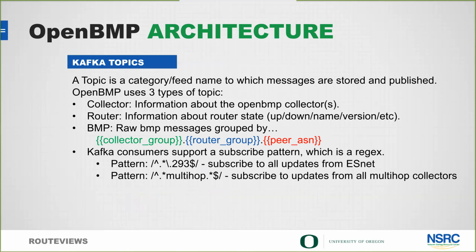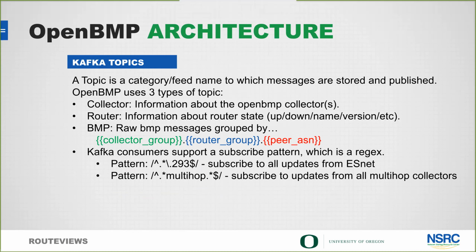I'm going to give just a quick summary of what a Kafka topic is and how it relates to the RouteViews data. A Kafka topic is essentially a category or feed name to which messages are stored and published. In terms of how that relates to our RouteViews deployment of Kafka, we have essentially three types of topics.